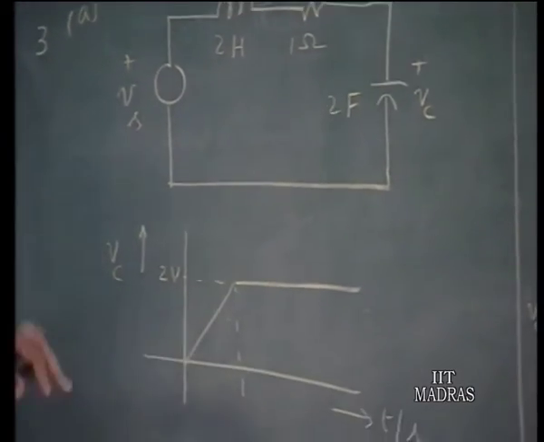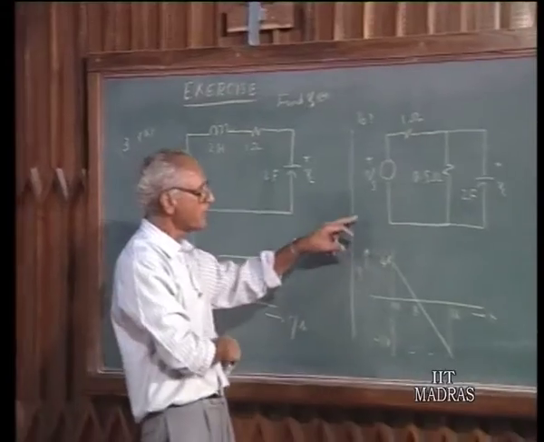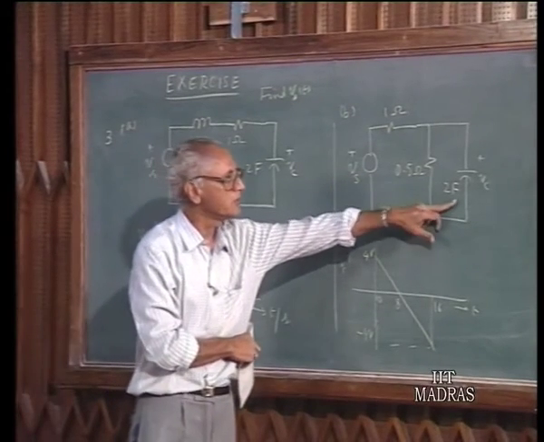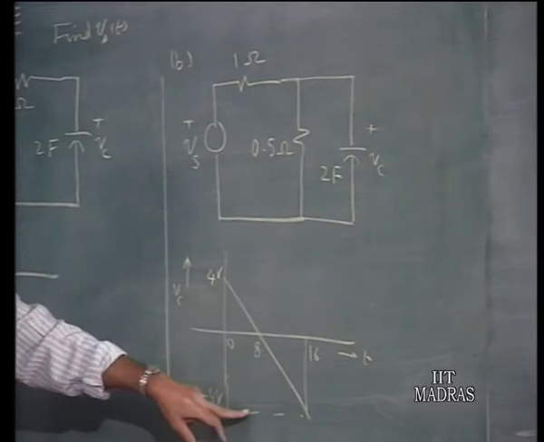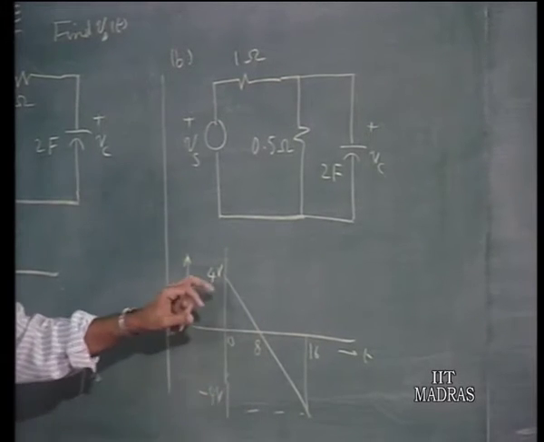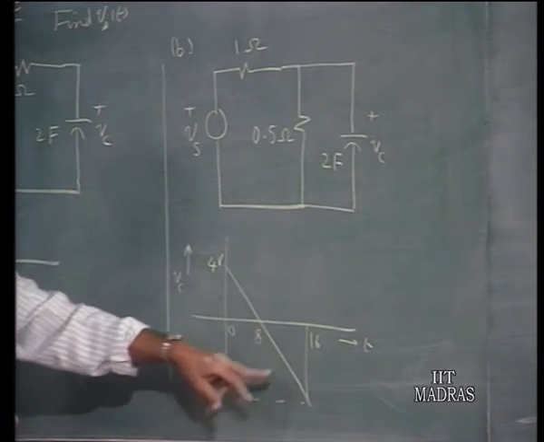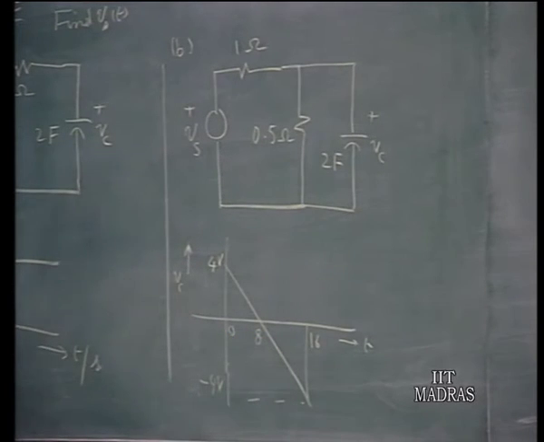This is part A. Do a similar analysis for this circuit in which again the value of the voltage Vc is given by this particular variation, 4 volts to minus 4 volts, it decreases from 0 to 16 seconds and remains 0 for other values of time.